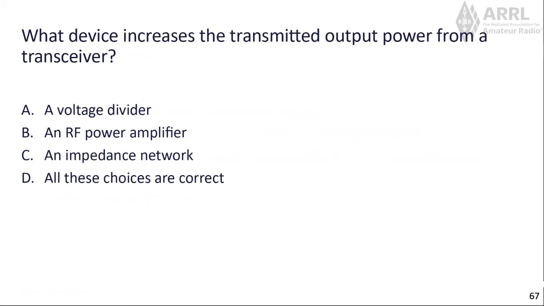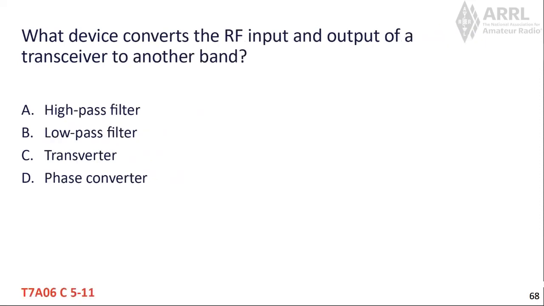What device increases the transmitted output power of a transceiver? An RF power amplifier. What device converts the RF input and output of a transceiver to another band?